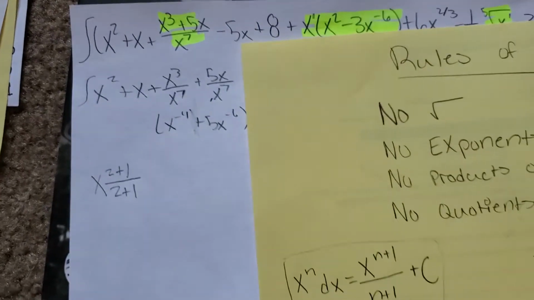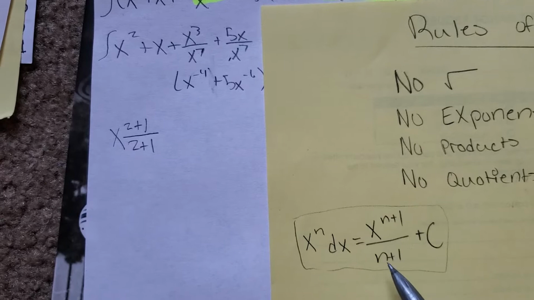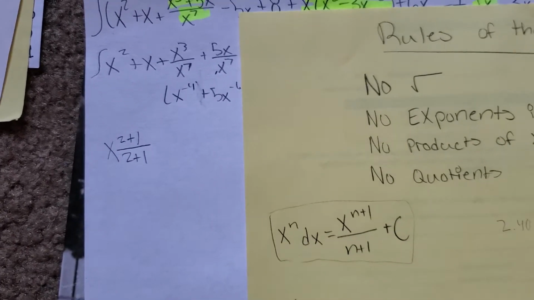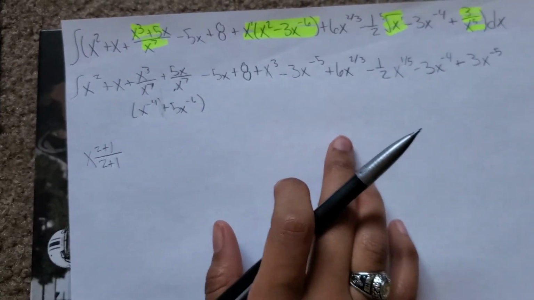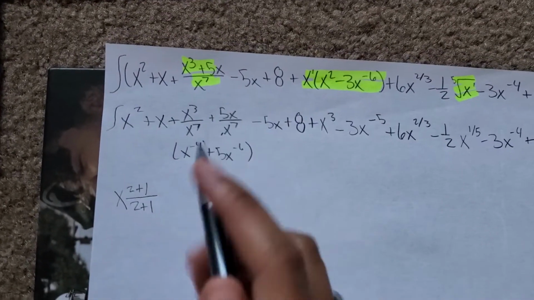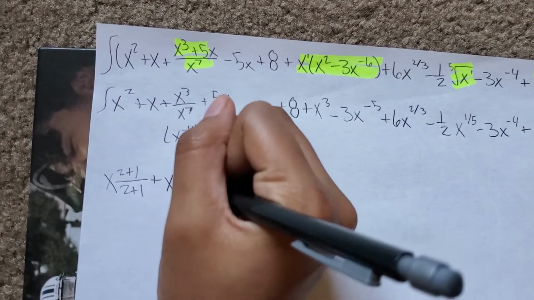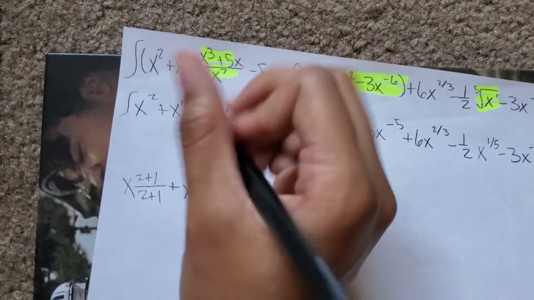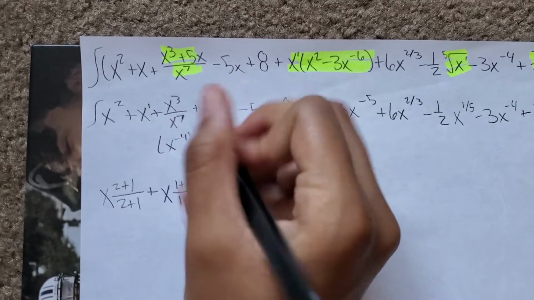So 2 would be our n, and then we just add 1, and then you do the same thing on the bottom. And we're going to go through and do that to all of the numbers. So that, and this has an exponent, it's just 1.